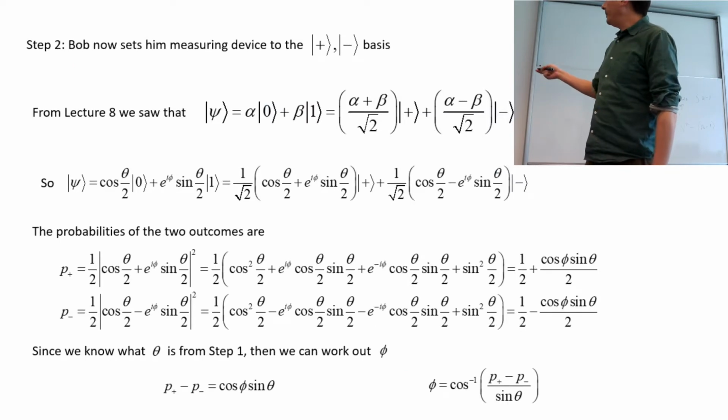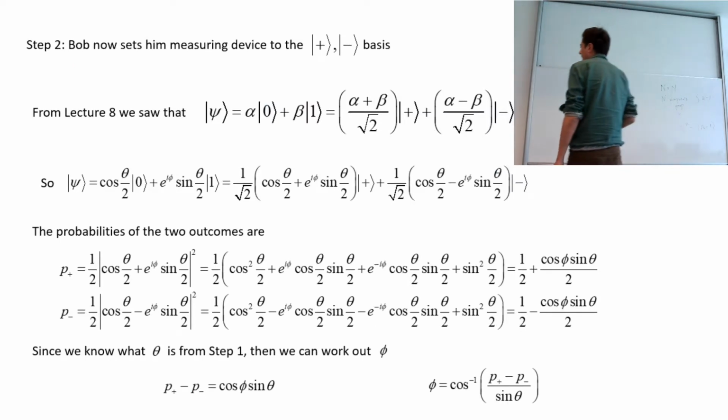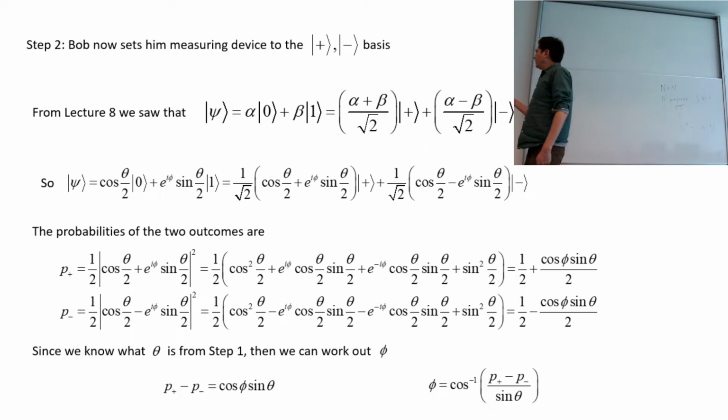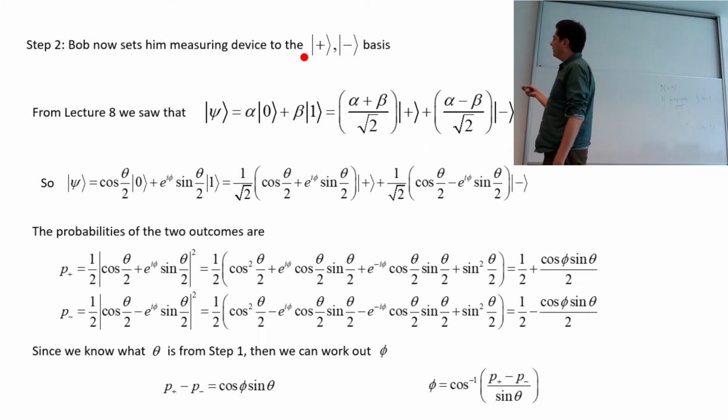And then to get the phi angle, we measure in the plus minus basis, and then you can do a little bit of algebra to figure out what the probabilities of the plus and the minus are, and it turns out to be something like this. Then to get this phi angle, we can just subtract these two probabilities to get rid of this a half, which just makes it a bit easier.